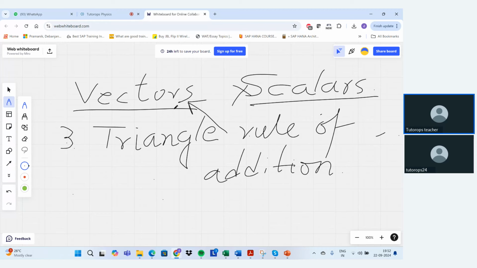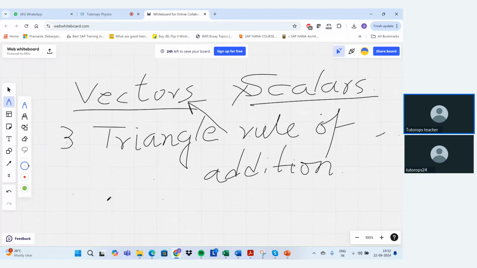So we learn three main differences. A scalar has only the numerical value, and no direction is involved. Vectors have number one, a numerical value, number two, a direction, and number three, they should satisfy the triangle rule of addition. So these are the three things.